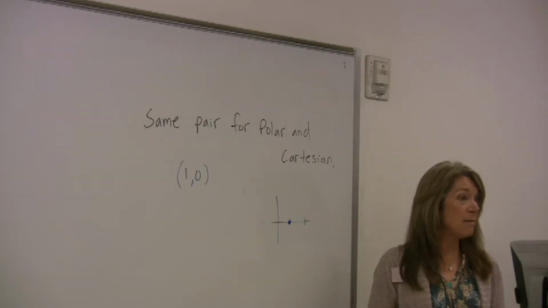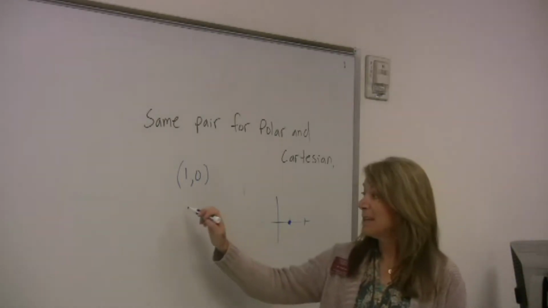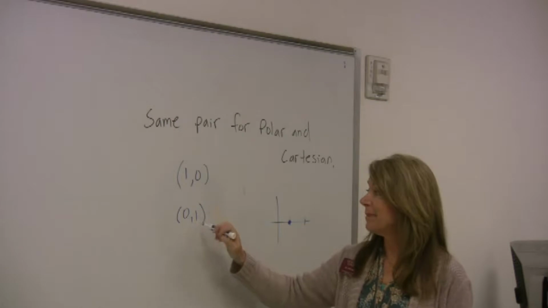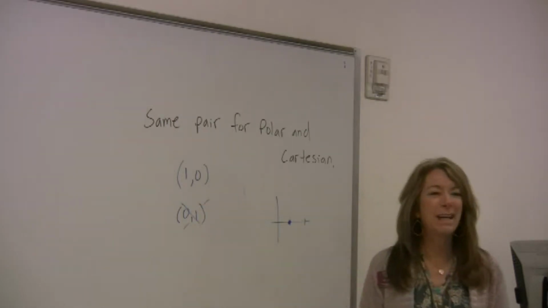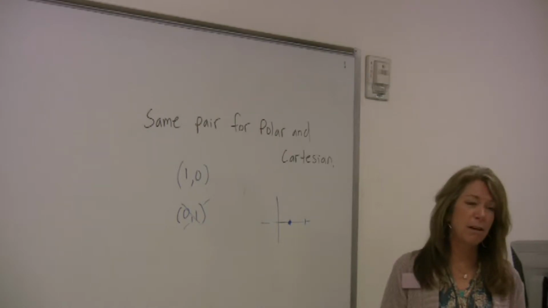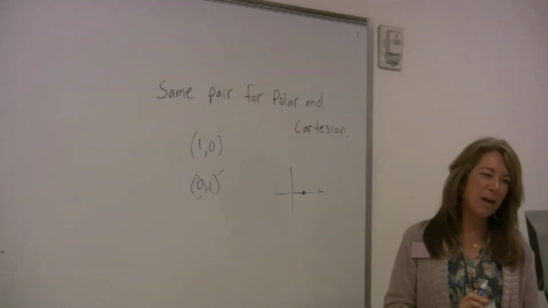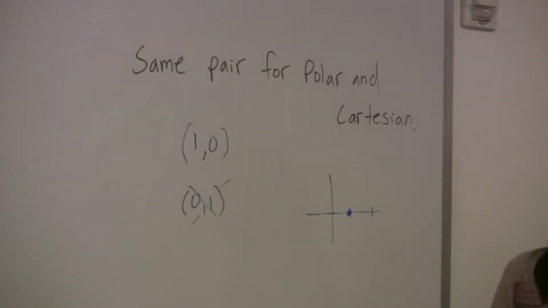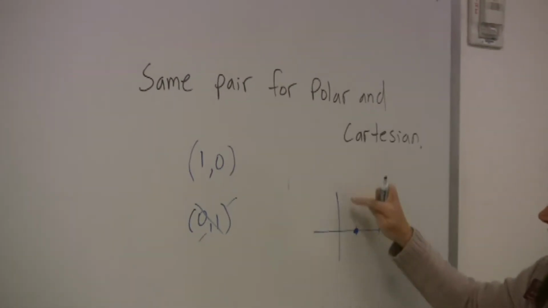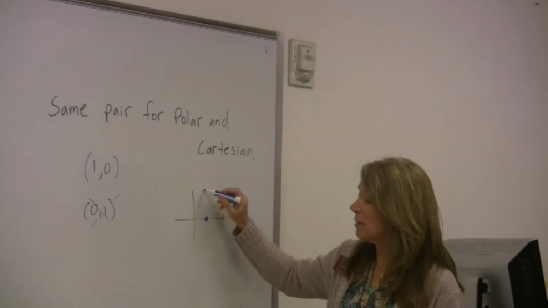Somebody come up with a different one? 0, 1? 0, 1 doesn't work. First off, 1 radian, I don't know how to figure out what 1 radian is. I'd have to figure out what that is in terms of pi over what. 1 radian is like somewhere in here, roughly here maybe?